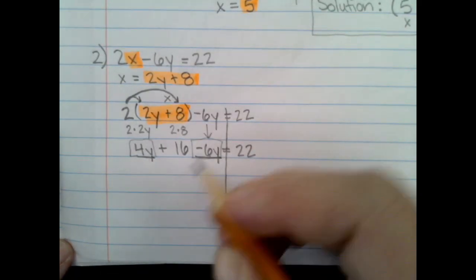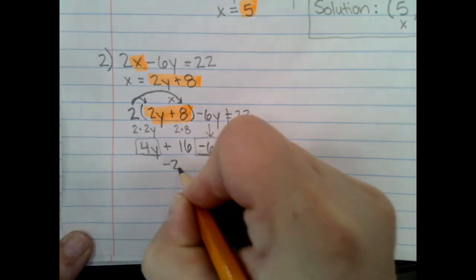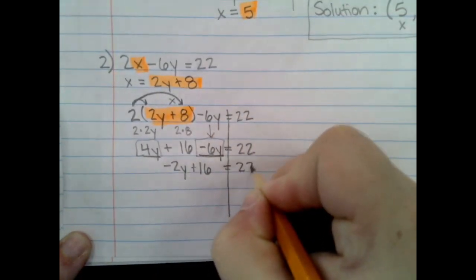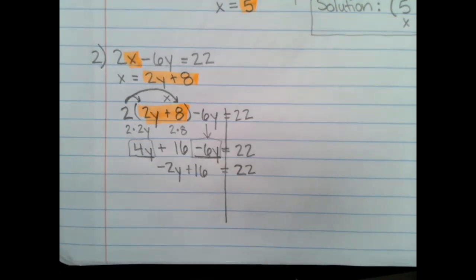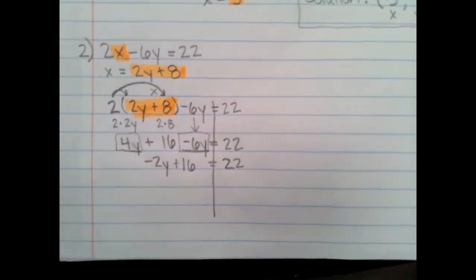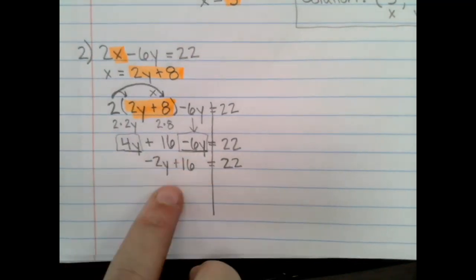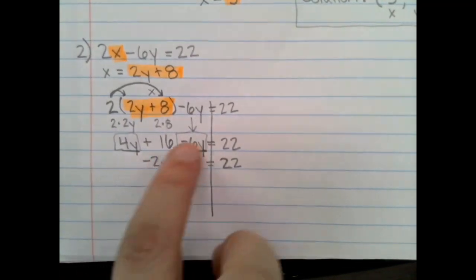Negative 2. So negative 2y plus 16 equals 22. I boxed those a little bit, just really lightly. That way I remember what I was thinking when I go to this next step.